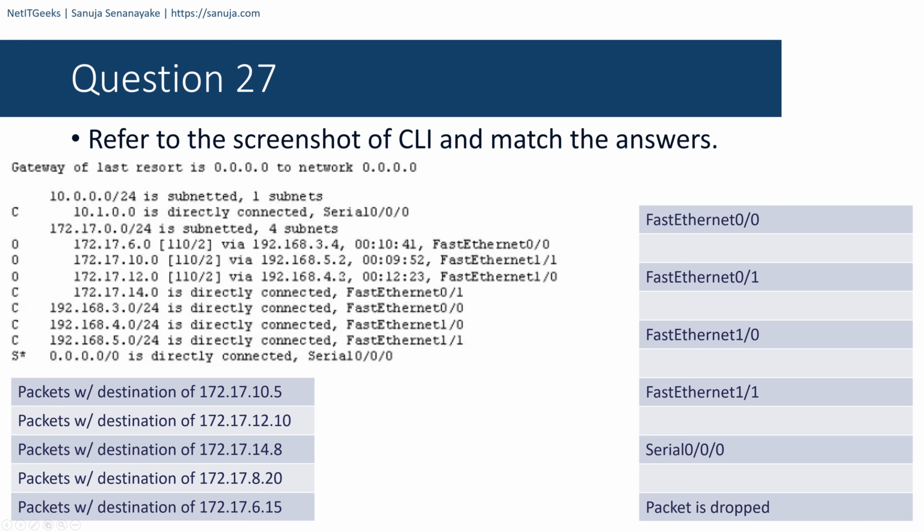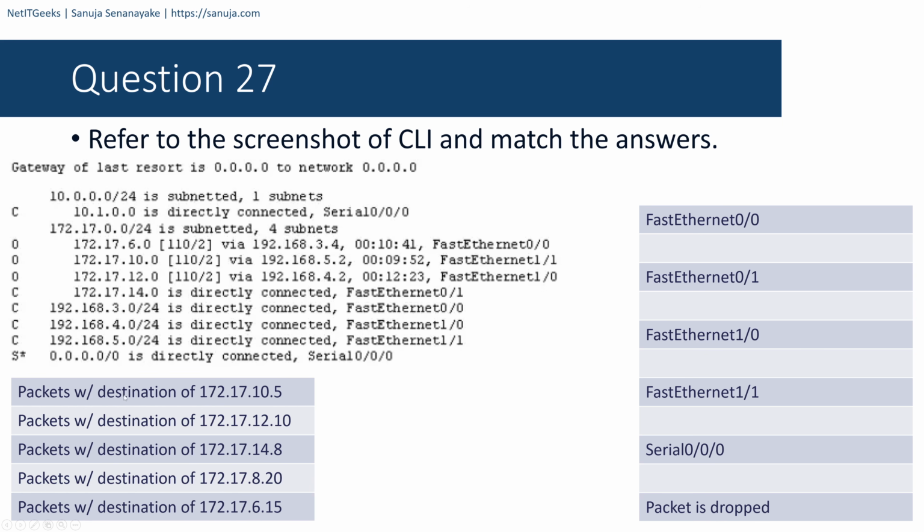If you look at all these IP addresses, the 172.17.10 network is associated with FastEthernet 1.1. We know this because right here we have 172.17.10.0, and then it has the IP address 192.168.5.2, and then it is associated with FastEthernet 1.1.